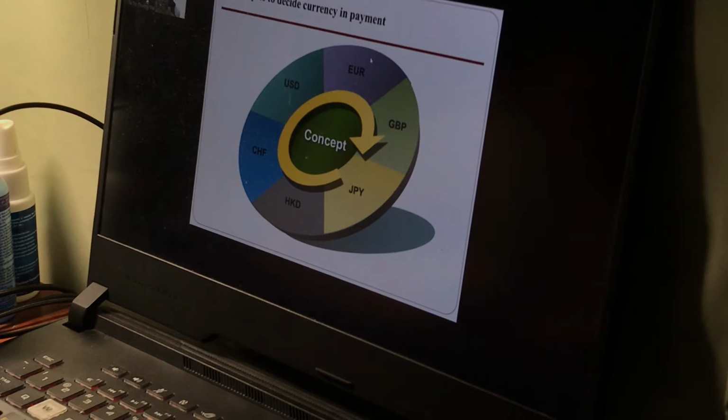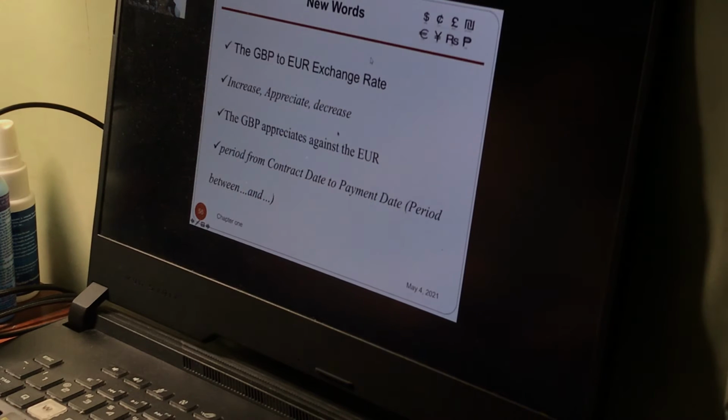Okay, now we move to the next one. You can use it on the slide. I suggest some ways to use when you want to describe the exchange rate.